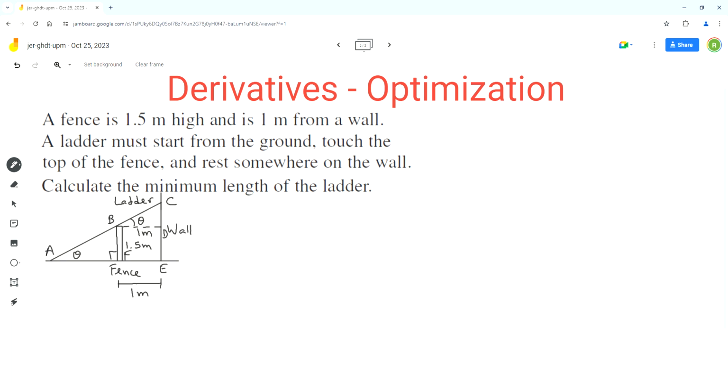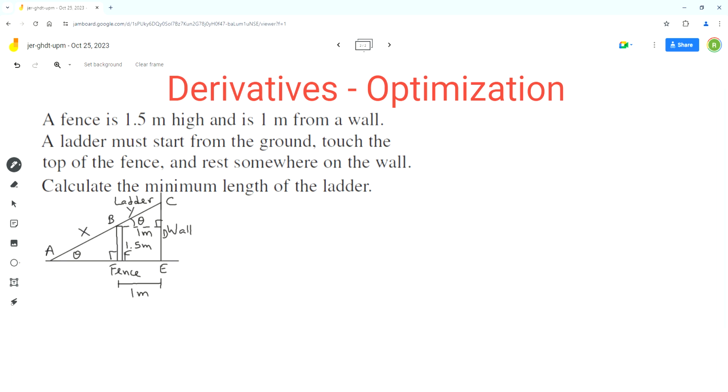We can assume that the wall and the fence are perpendicular to the ground. Let's assume the distance from A to B is X and the distance from B to C is Y. So the length of this ladder is X plus Y.